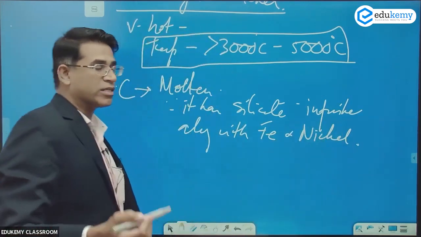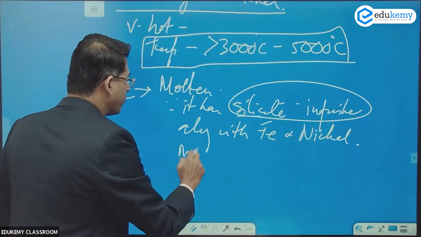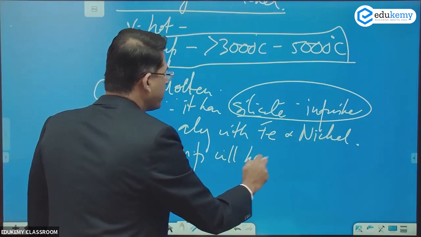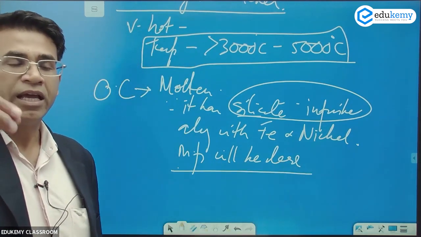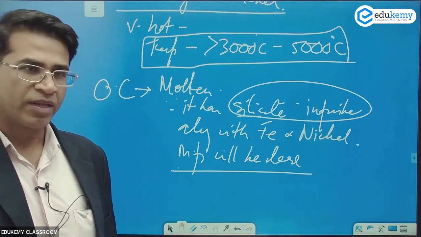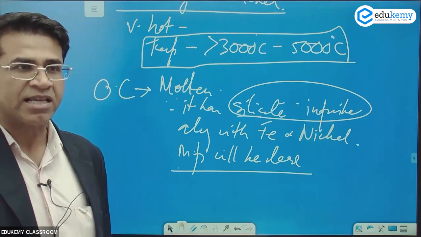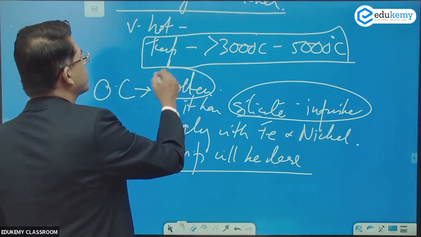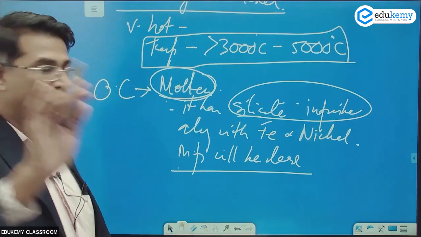I hope you know this: if there are impurities, the melting point will be less. If you put salt in ice, the melting point will reduce. Whenever you have any impurities, the melting point is less. That is why the outer core is very hot and molten.